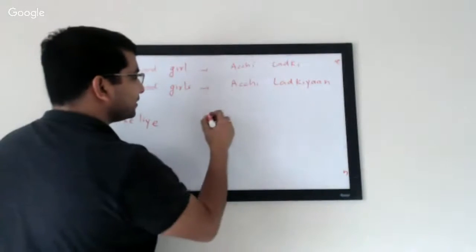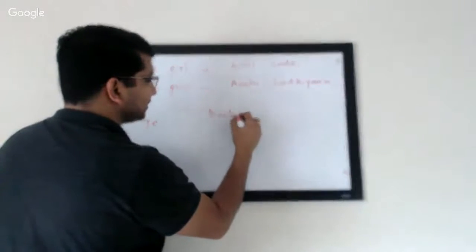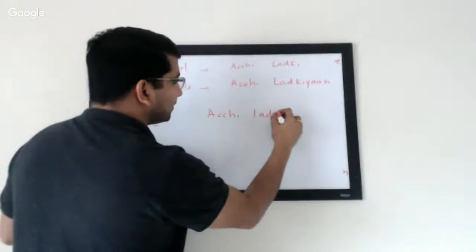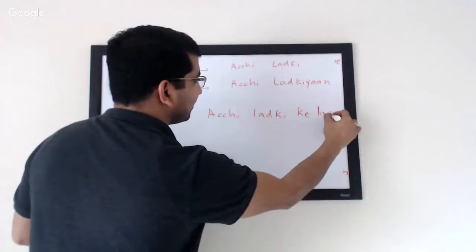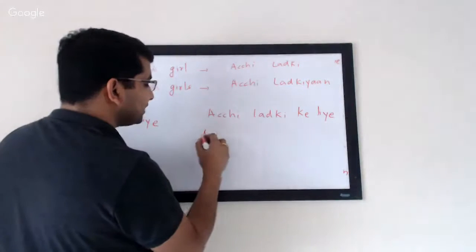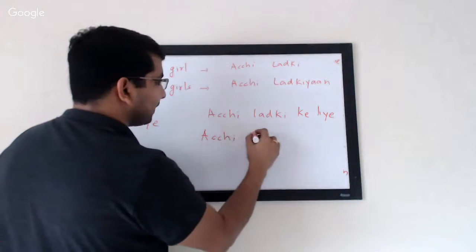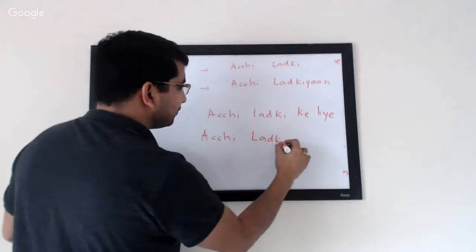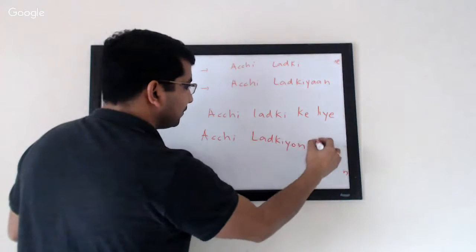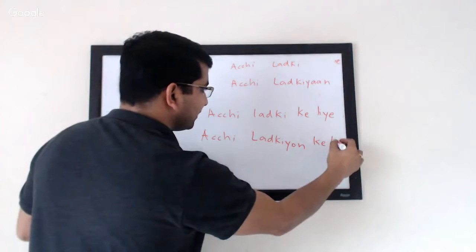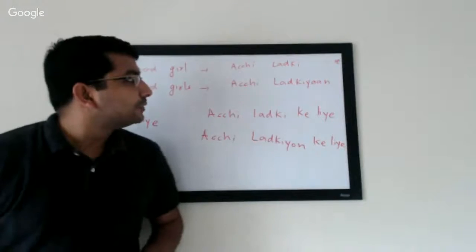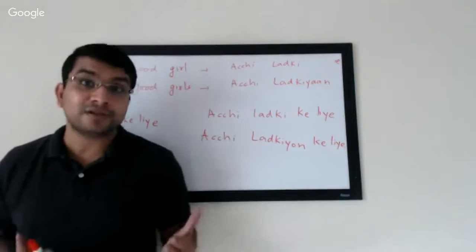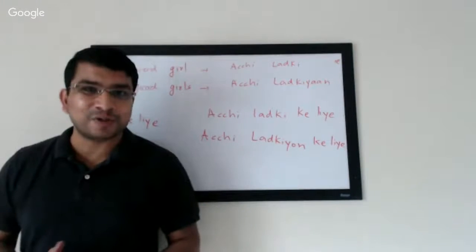This will result in अच्छी लड़की के लिए, and second one would be अच्छी लड़कियों के लिए. Okay, so this was a complicated one, especially when you use it with adjective.